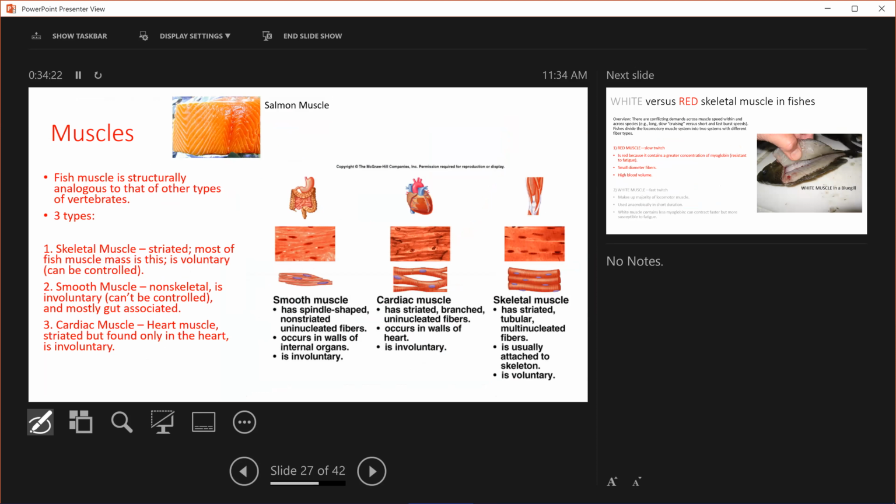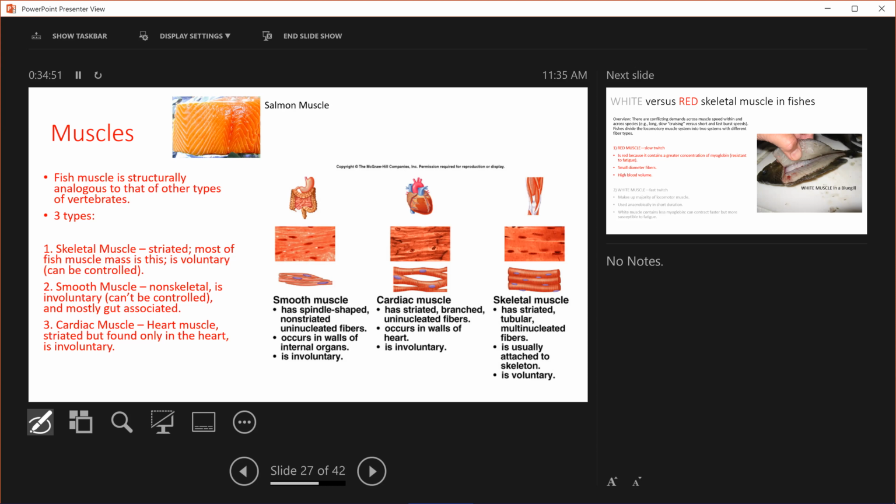I want to talk about musculature as well. Fish musculature is structurally very similar to other vertebrates. It's got three different kinds. There's the skeletal muscle, which is striated, voluntary muscle. The smooth muscle, which is involuntary, is mostly associated with the gut.